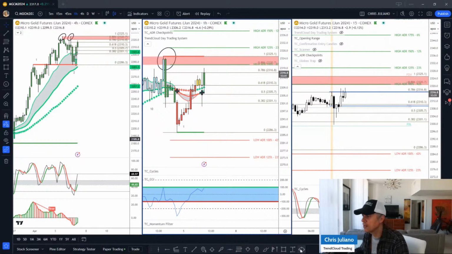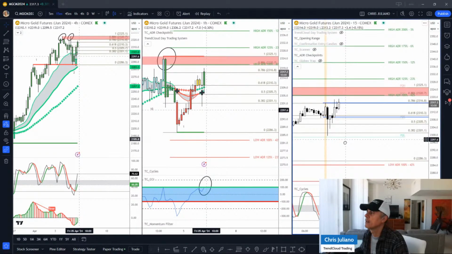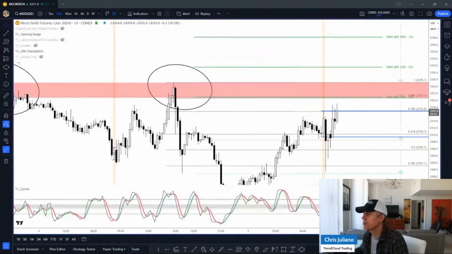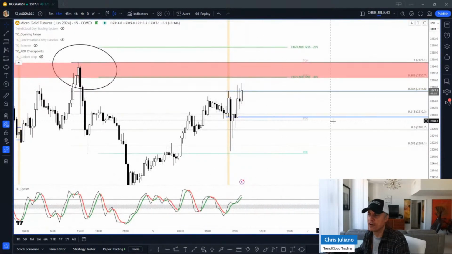We've almost got it. We're almost above that positive 100. You can see it taking place on the lowest time frame. So now we can watch the lowest time frame and know exactly what's going on.